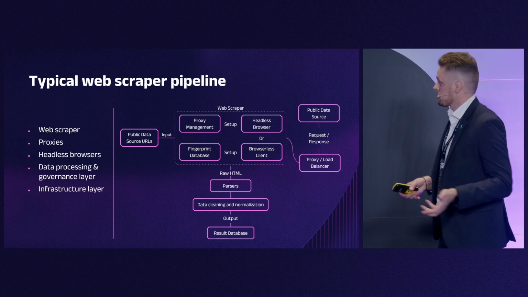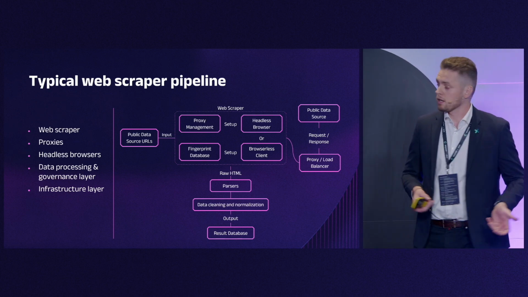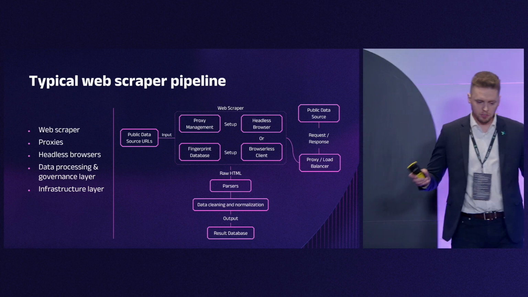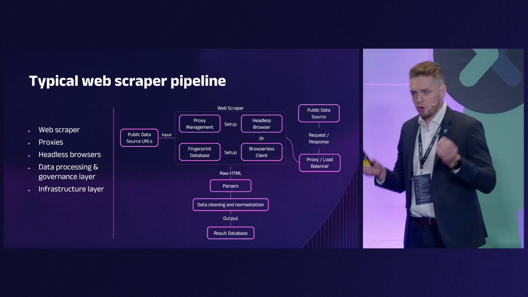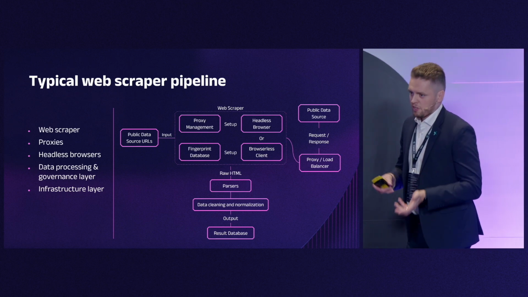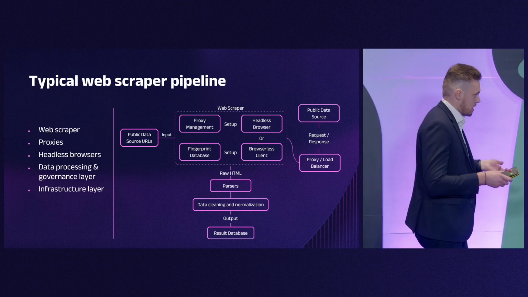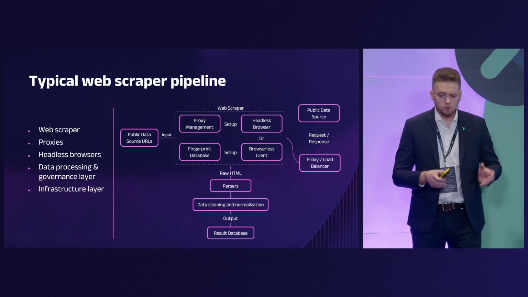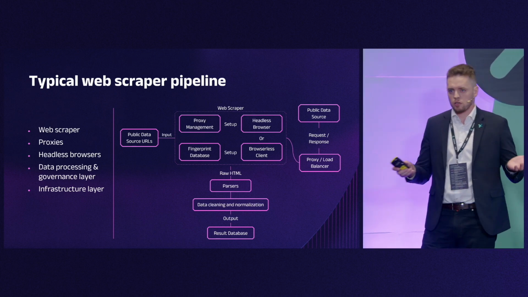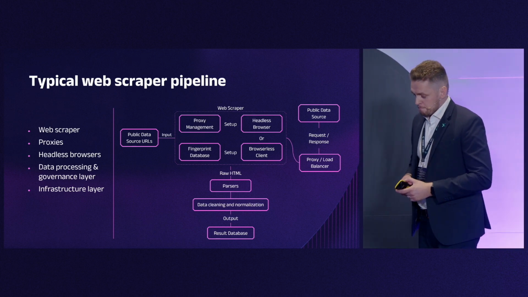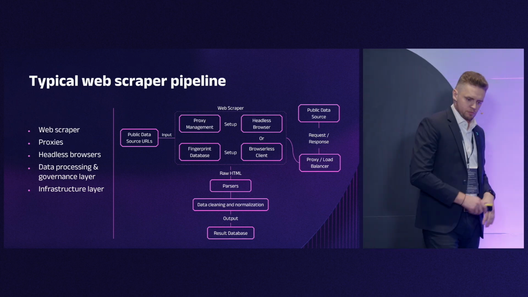Afterwards, we have a proxy infrastructure or proxy load balancing, and then we are able to scrape the data and get the raw HTML as a result. Then we can parse it with, as Gabriela mentioned, LLM solutions and whatnot, cleanse it, and then we have the final result. So that's a really typical schema in which we trust our web scrapers, right? And today I'm going to cover like a third of that with my presentation.